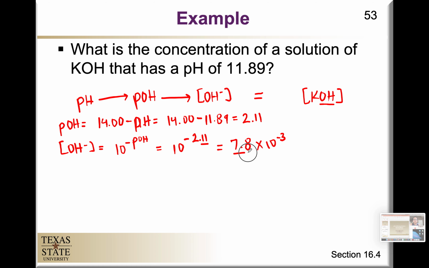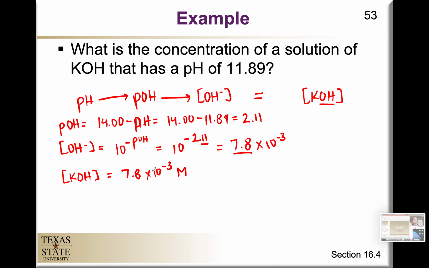That means that we are going to have two significant figures on the concentration. Finally, since we said that the concentration of the potassium hydroxide is equal to the concentration of the hydroxide ion, then basically we get our answer that the potassium hydroxide concentration is going to be equal to 7.8 times 10 to the minus 3, and that has molar units.